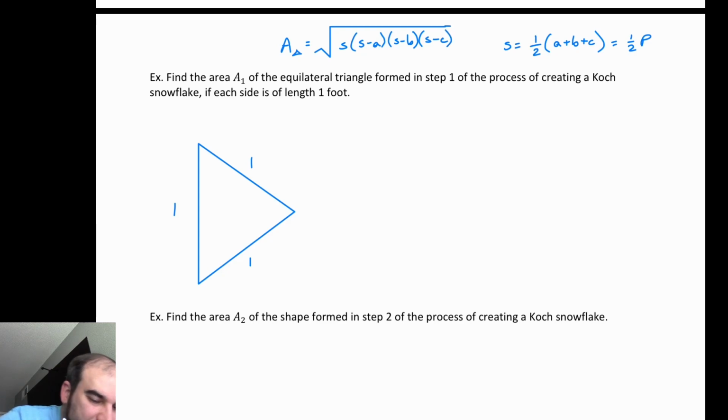Let's try to do it using this formula. I think it's going to be useful. So S in this case will be 1/2 of 1 plus 1 plus 1, which is 1/2 times 3, which is 3 over 2.